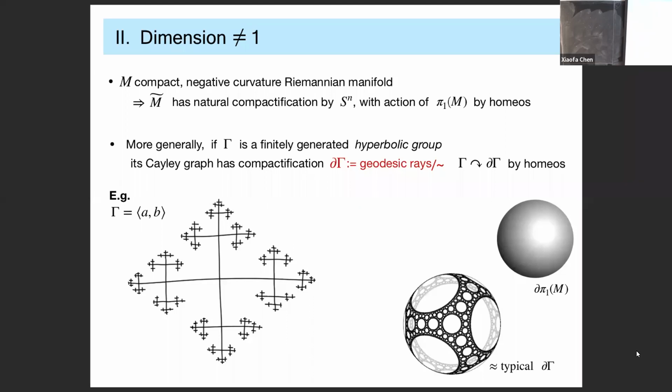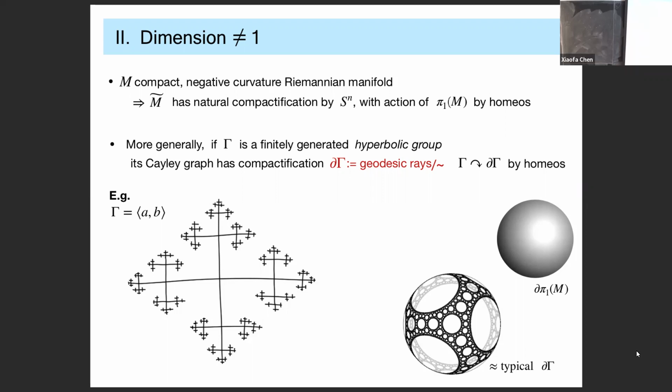More generally, the boundary compactification of a space, or the Gromov compactification, is equivalence classes of geodesic rays in this metric space, up to the equivalence relation where you're equivalent if these geodesics stay a bounded distance apart for all time.